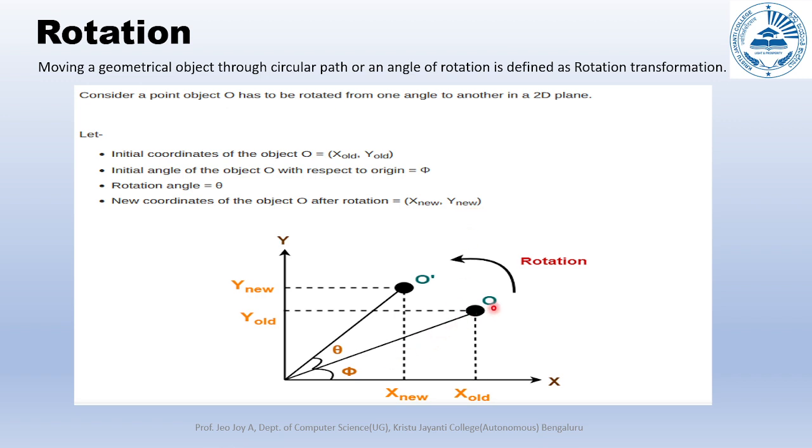The initial point O was subtending an angle phi with the x axis of the Cartesian coordinate system, and once it gets rotated through an angle theta, it comes to the position O dash. The entire angle which O dash subtends with the x axis becomes theta plus phi, and let the radial distance be represented as r.